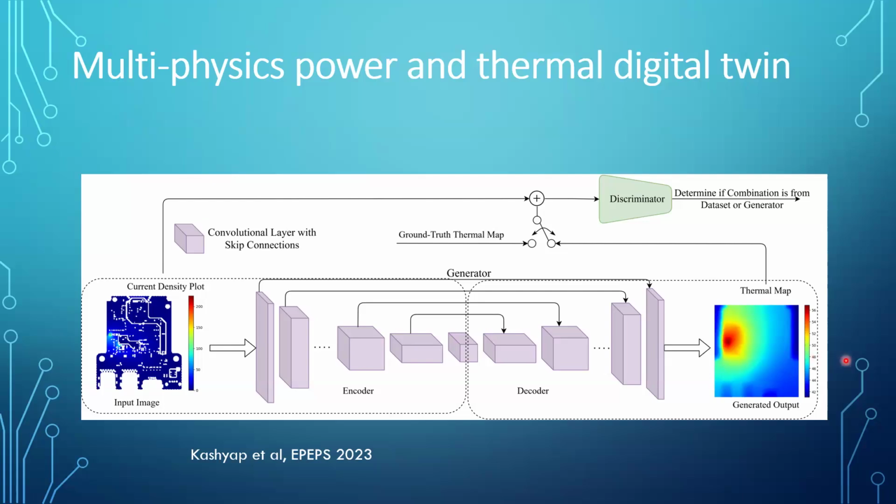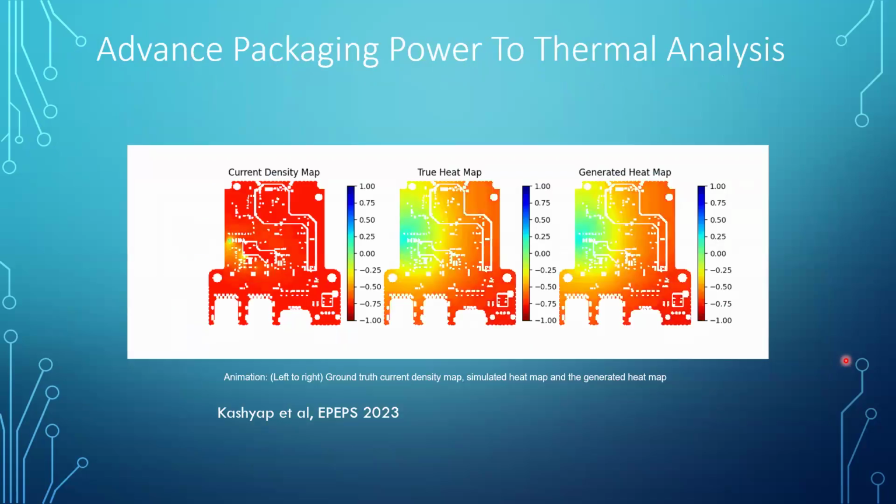This is another area where digital twins are very useful. In this example, as the current and power change on the left-hand side, the thermal response of the true heat map, the ground truth, versus the generated heat map is almost indistinguishable, right?